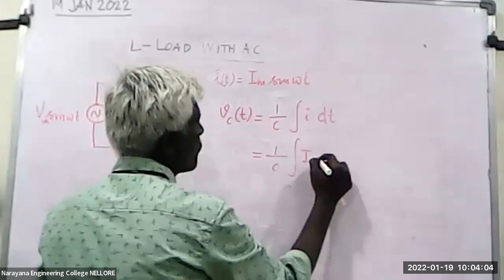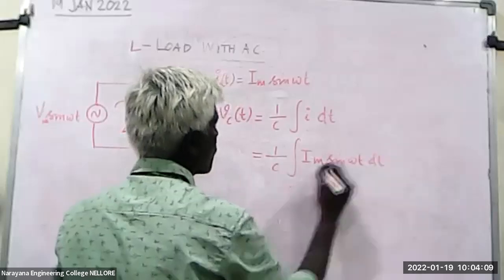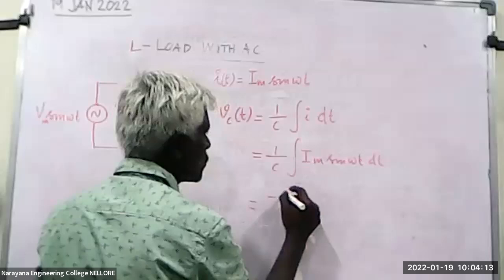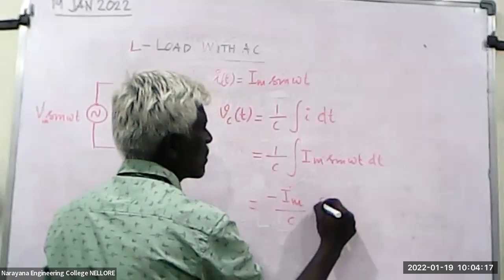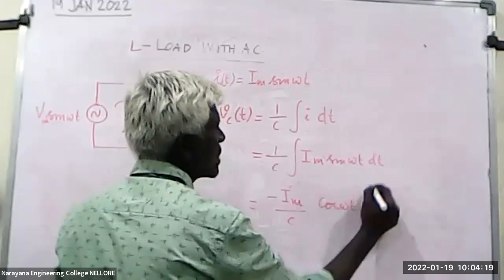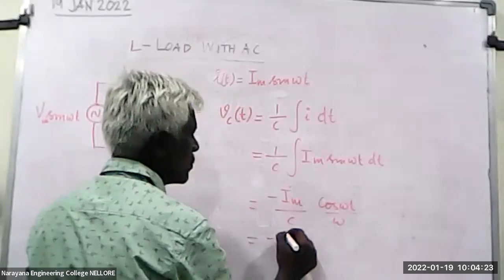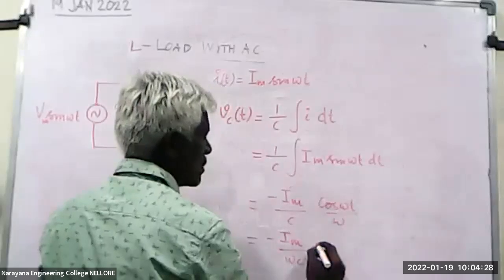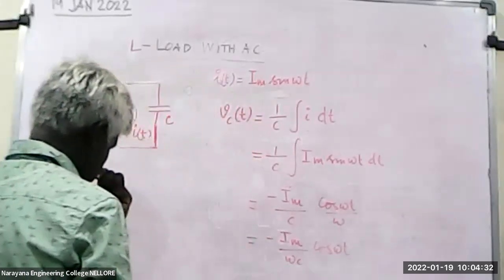So you take the integral of Im sin omega t. This will be minus cos omega t, right? When we integrate, minus Im I take out, 1 by C is there, cos omega t. With respect to dt we integrate, so 1 by omega will be there. So this is equal to minus Im by omega C cos omega t.